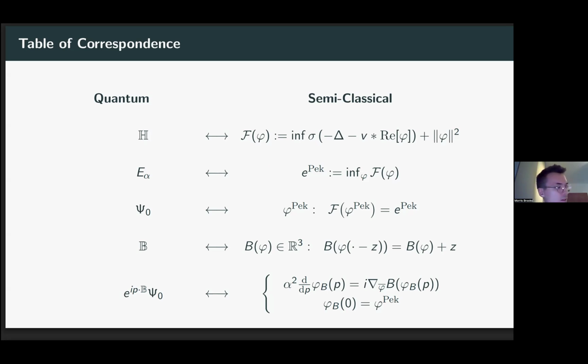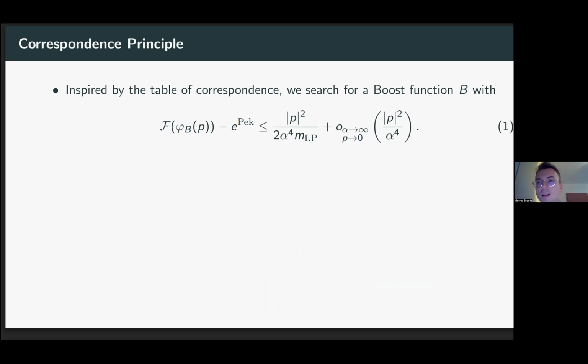So let me still say this. Inspired by this table of correspondence, we now look for a boost function B such that f of, so you take the Pekar minimizer, you let it flow by the boost, which gives you a new function at P, and you now want to optimize this function B such that you actually get the right prediction from the Landau-Pekar conjecture.